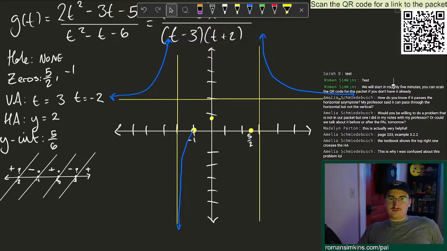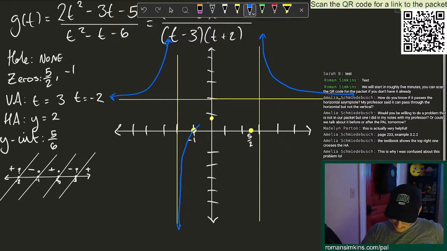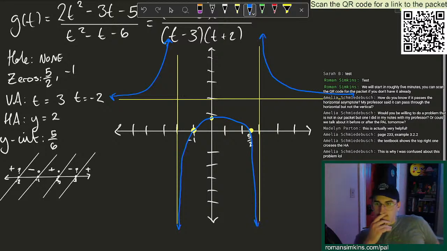This is why you were confused about the problem. Okay, hopefully I wasn't just wasting too much of your time going through all of this. Assuming that's what you're confused on, I will have to take a closer look into this too. This is this behavior here. How do we see that? That's very interesting.